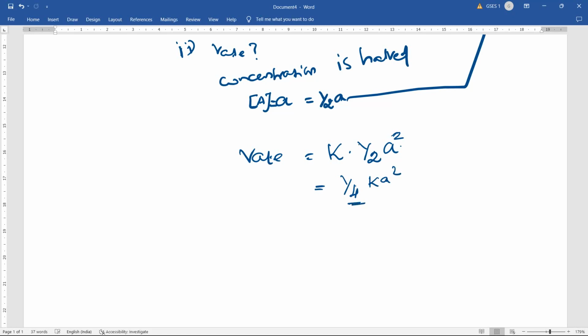So what happens here? It has been reduced to a quarter. So what happens when the reactant is halved? What happens to the rate? The rate has been reduced to a quarter. Right?